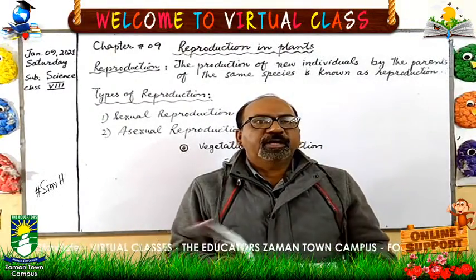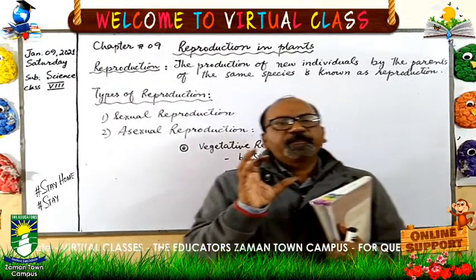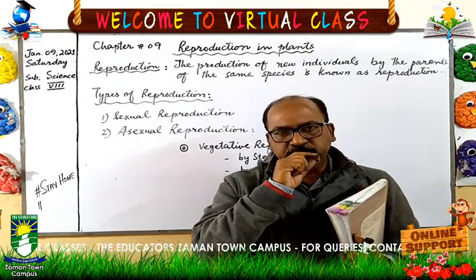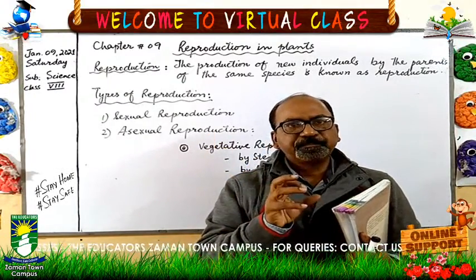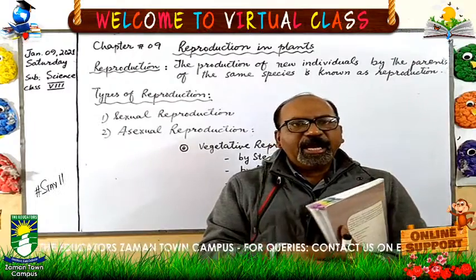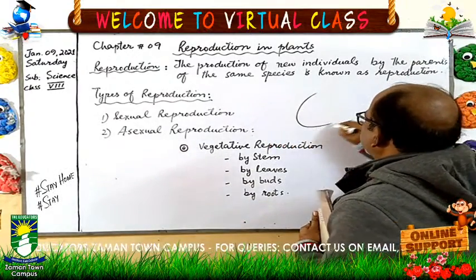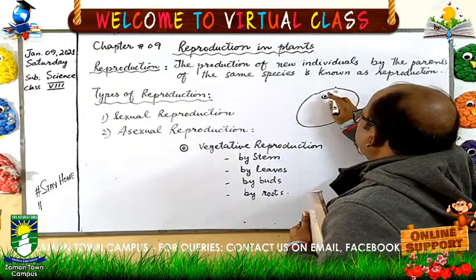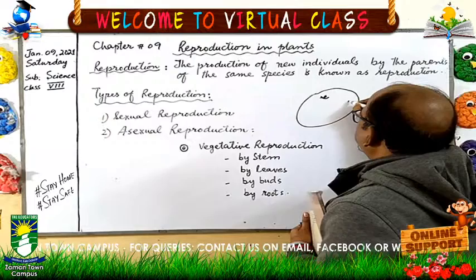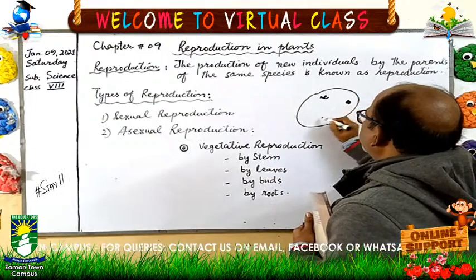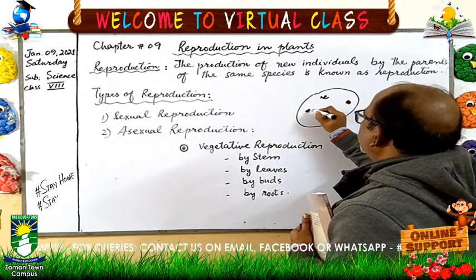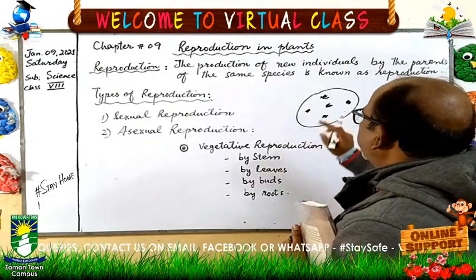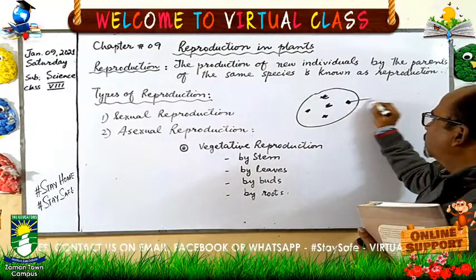And when we take a potato, if you have observed, the potato has some eyes on its surface. Eye means, for example, this is a potato like this. These points are called eyes.